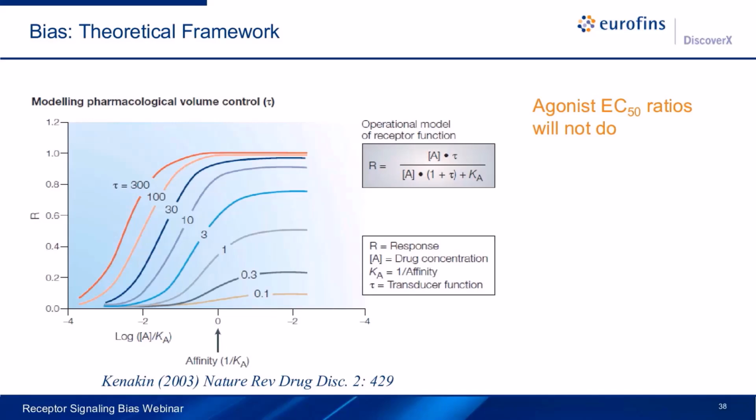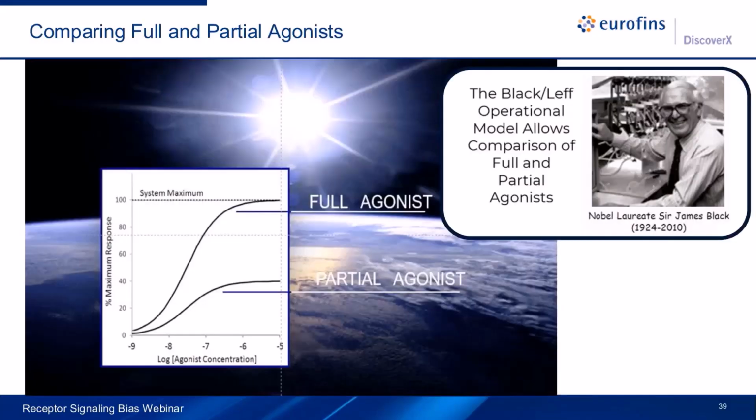It's a different behavior in different cell types, so you have to correct for the differences. In fact, the operational model was created to handle this because before it, you could not compare the potencies of a full to a partial agonist. You couldn't use the EC50. However, once you convert and get log efficacy divided by affinity, you could.